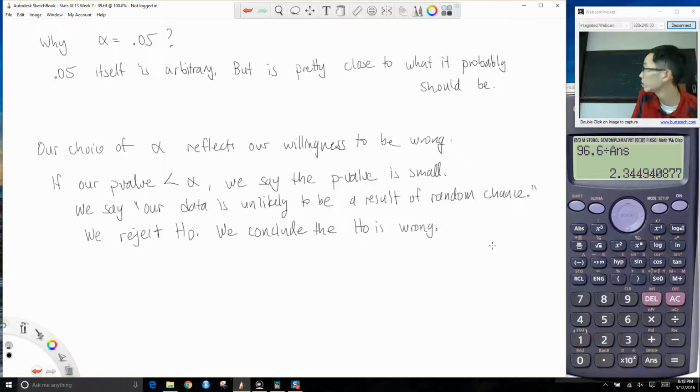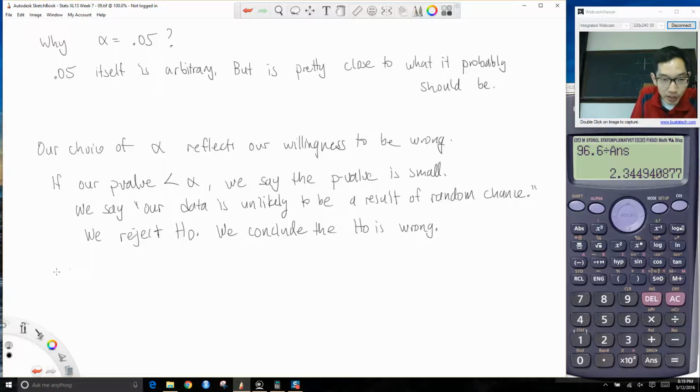Okay. If our alpha is 5%, however, that means 5% of the time the null hypothesis could be correct, but our p-value just ends up less than 5%, right? So we conclude the null hypothesis is wrong.